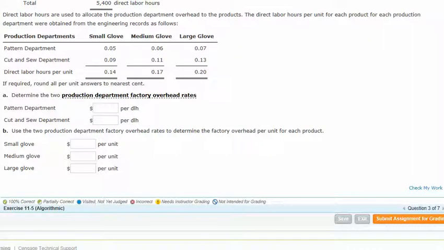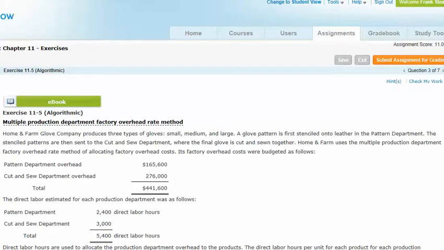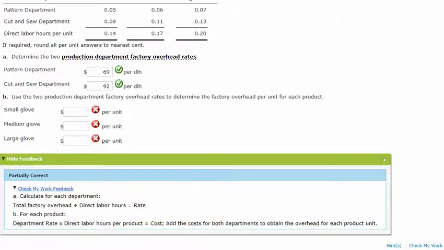So I can go ahead and put those in. Check my work. Okay, so we're good so far.